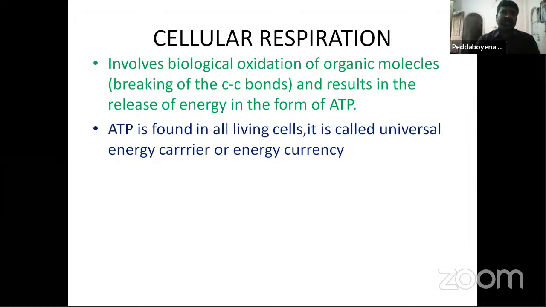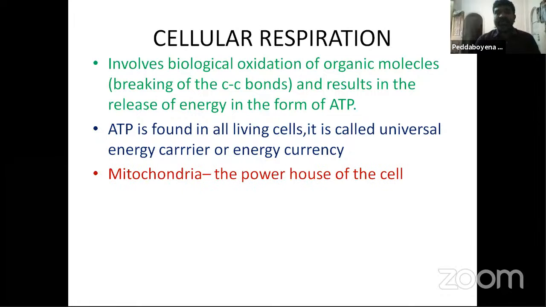ATP is found in all living cells. It is called the universal energy carrier or energy currency. The energy is formed in the form of ATP, adenosine triphosphate, so it is called energy currency.